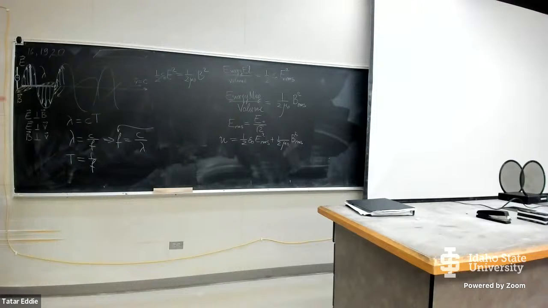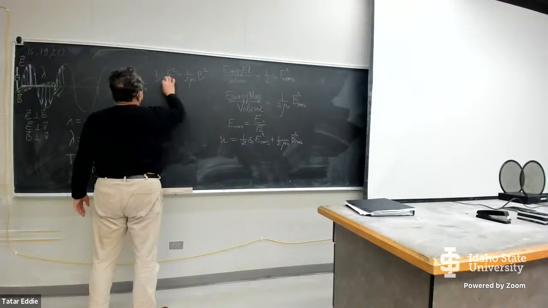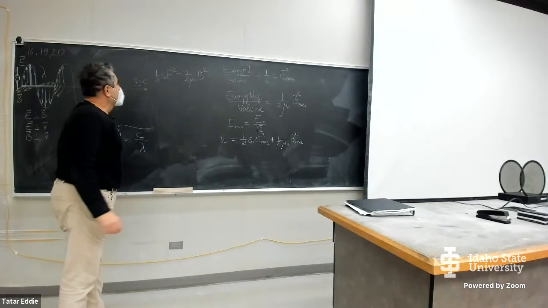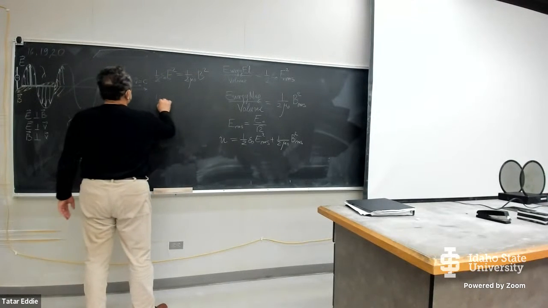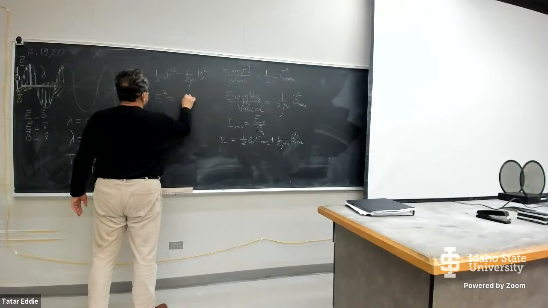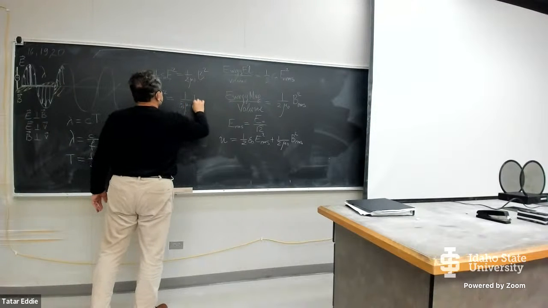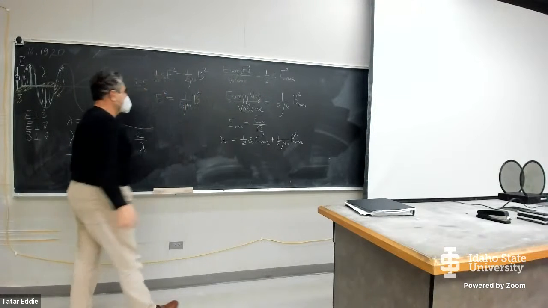From here, look what you're going to get. You can cancel the factor of 1/2, and you can say that electric field squared is equal to 1 divided by epsilon naught mu naught times magnetic field squared.